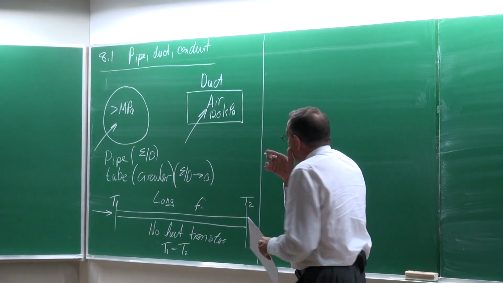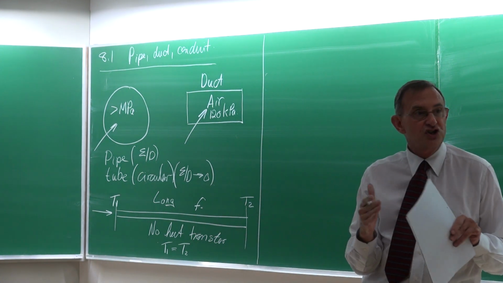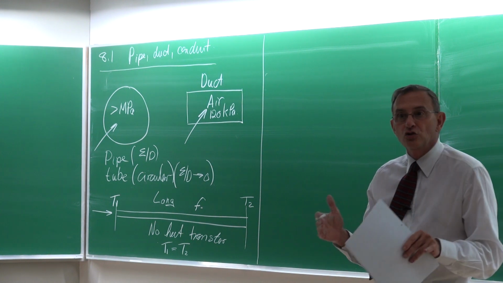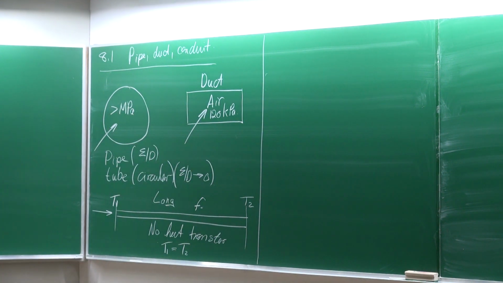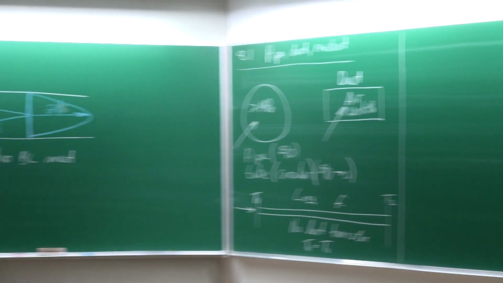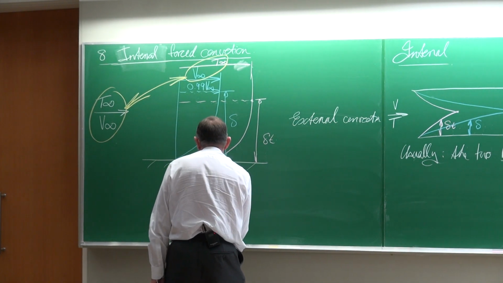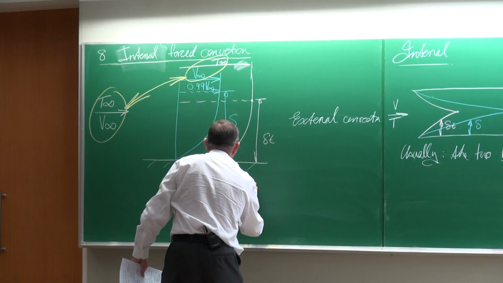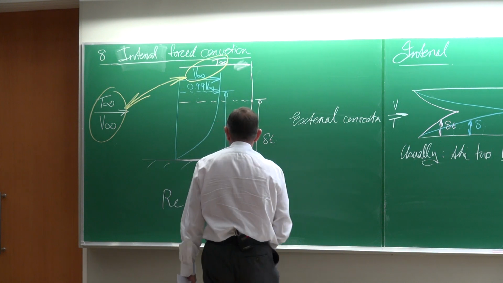Okay, so you've already seen that to know what the flow regime is, laminar, transitional, or turbulent, we make use of the Reynolds number. For external flow, it is equal to rho, V infinity, multiplied by a characteristic length, divided by the viscosity.